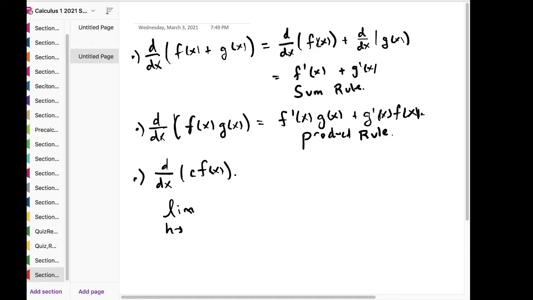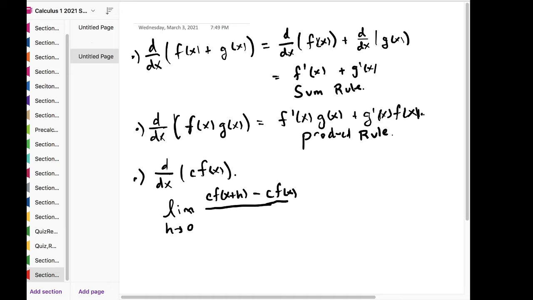Okay, yeah, so you can treat that as a product, which is fine, but let's prove it using the difference quotient. So when I plug in x plus h here, I get c f of x plus h, and then minus c f of x, over h.